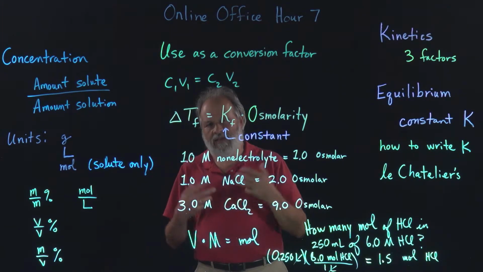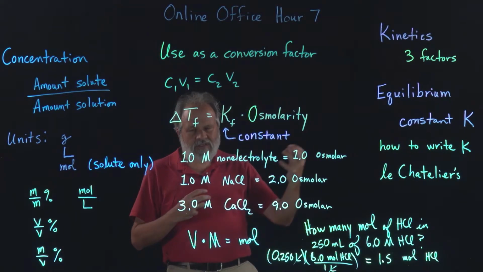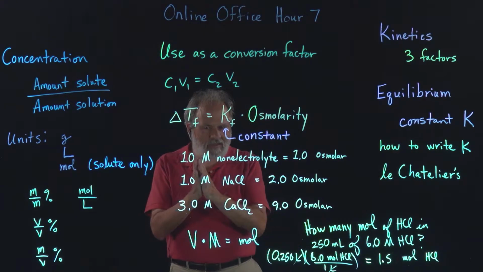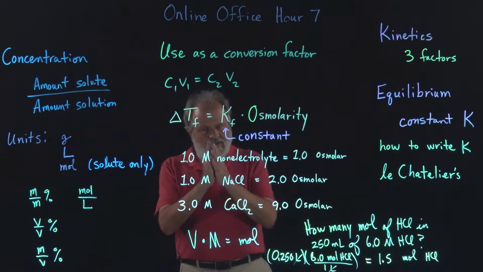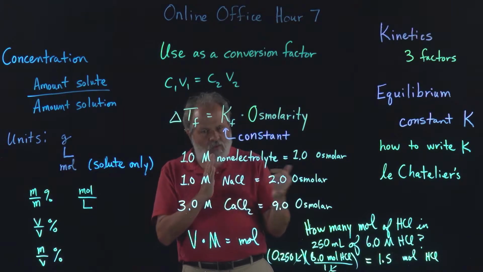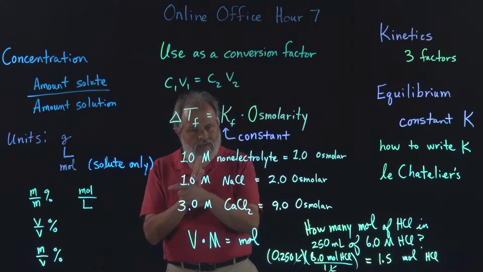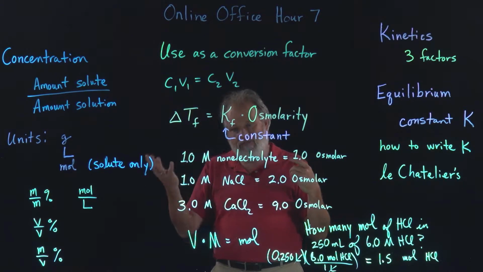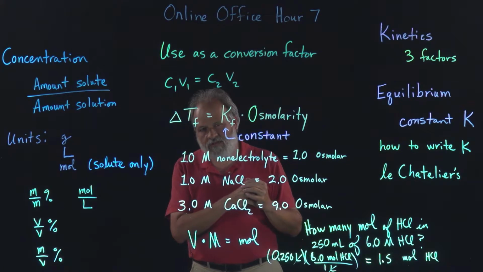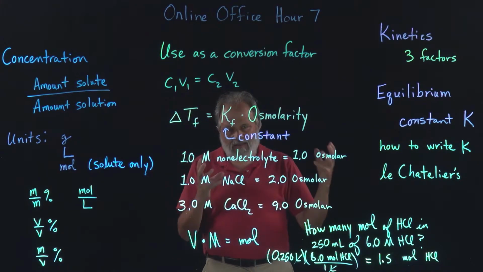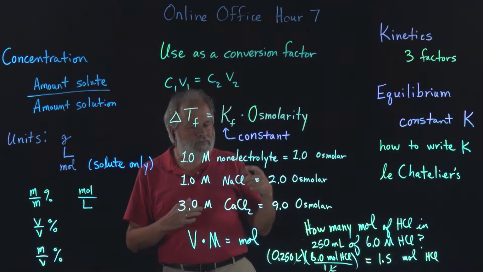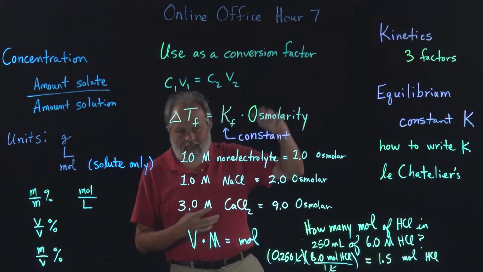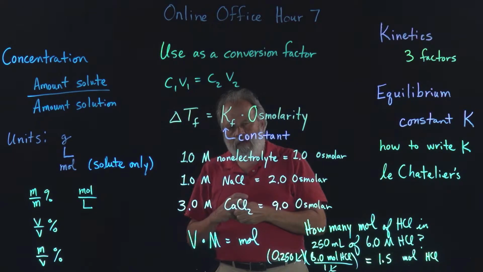We don't actually calculate osmotic pressures, but you're supposed to understand that if you have a highly concentrated solution in contact with a dilute solution, and there's a membrane between the two which allows water only to pass, but not the solute, then water will go from the dilute solution, or even pure water, into the concentrated solution, and that will expand and produce a pressure. That causes the osmotic pressure. You can actually reverse this process by applying pressure to the high concentration solution.